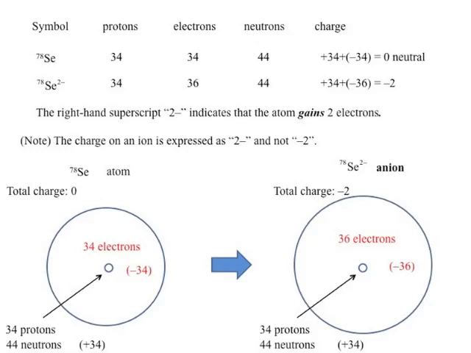The number of protons did not change, so it's still positive 34. Positive 34 plus negative 36 is negative 2. This is how, by gaining electrons, an atom becomes a negatively charged object, which is called an anion. Let's move to the next slide.